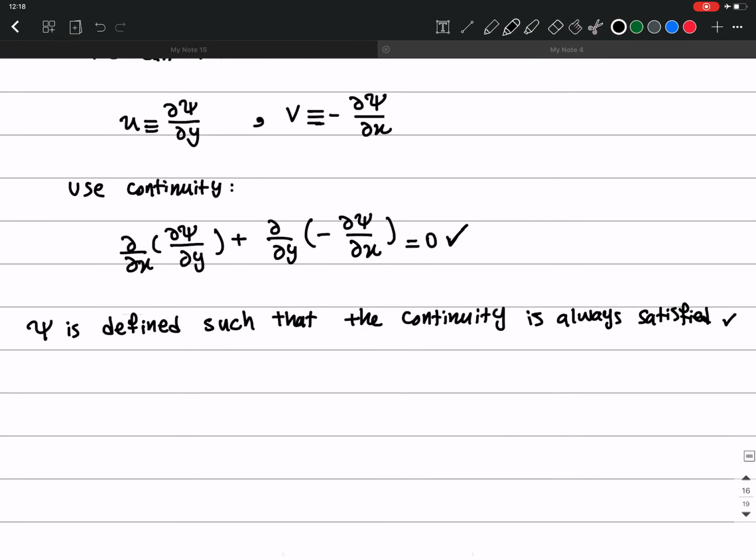So now let's investigate some of the properties of psi, and let's see what they actually mean physically.